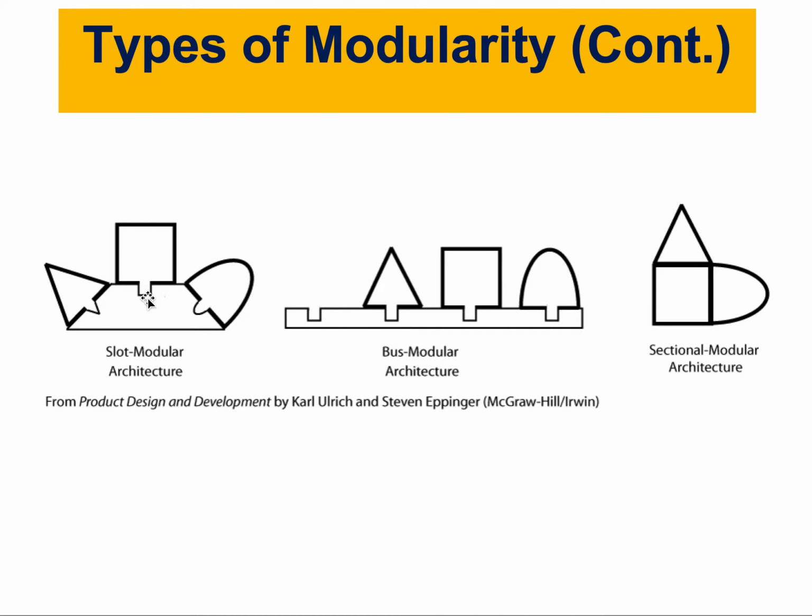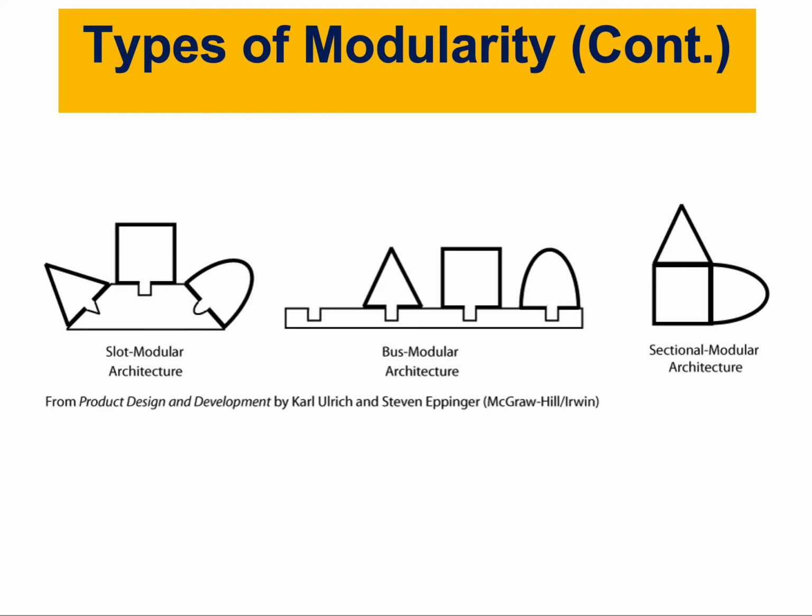So the square has a square interface, and this semi-elliptical one has a semi-elliptical interface, and this triangle has this interface. Each one of them has its unique interface with this slot that connects all of them together, and there are reasons for doing that.